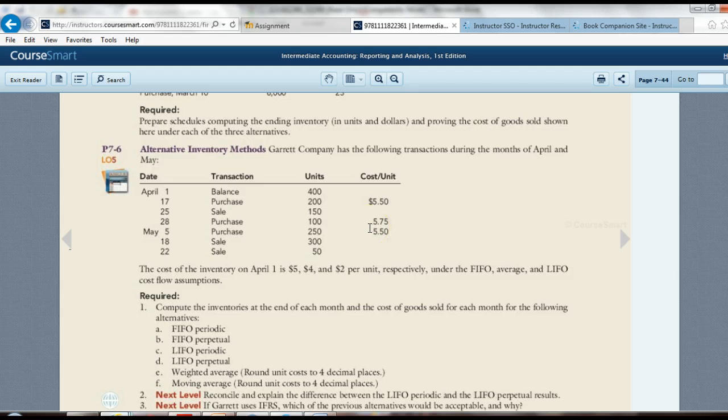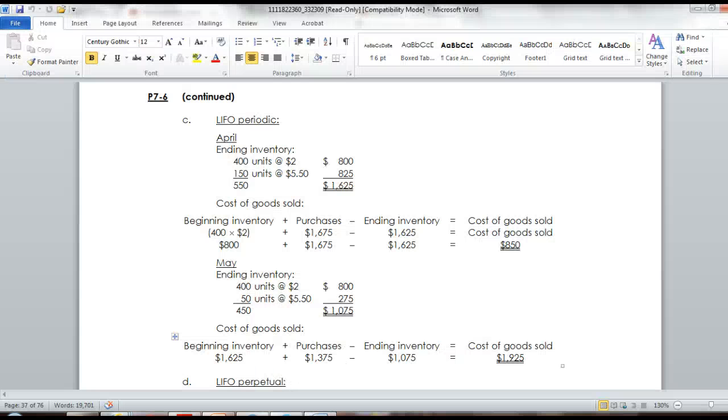So we know that when we sold the 350, 250 had to come from this $5.50, and then we'll also then take into another 100 based on the purchase on April 17th. LIFO means last in is the first out.